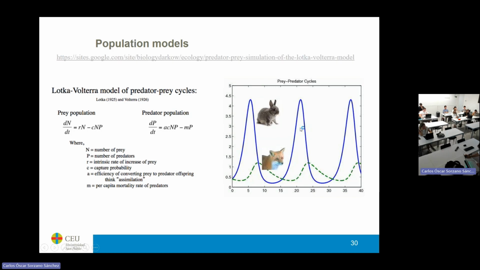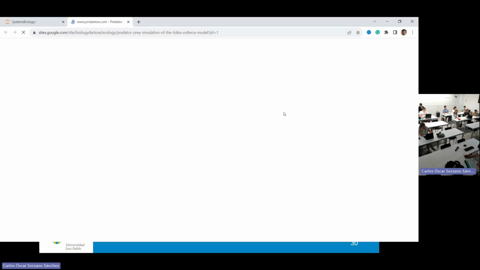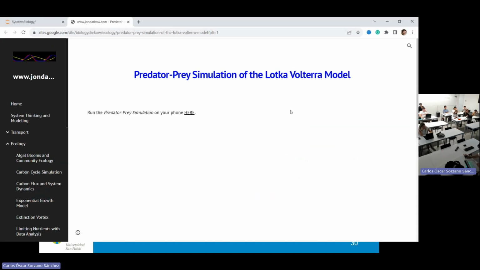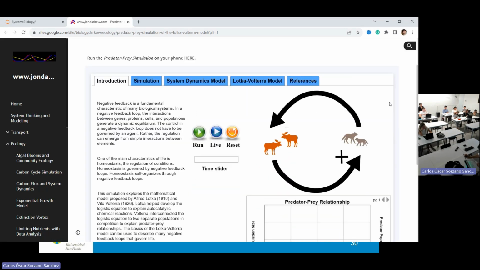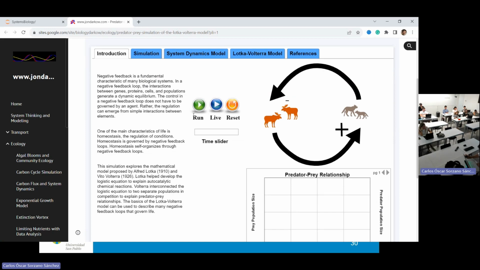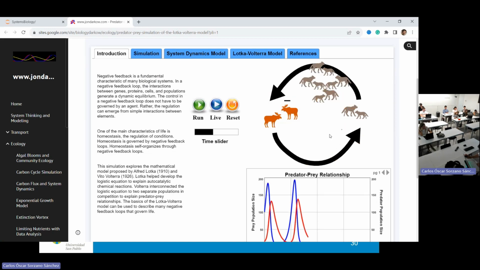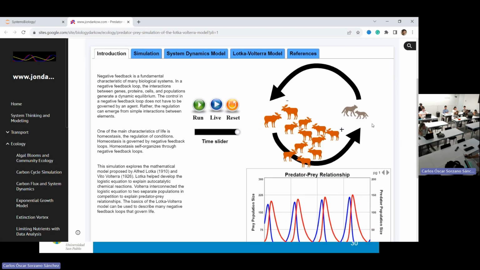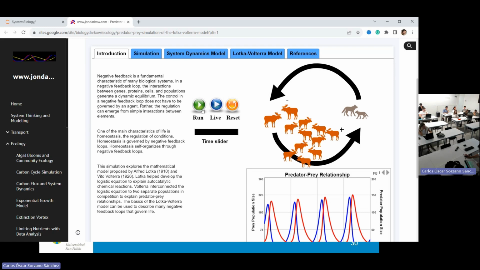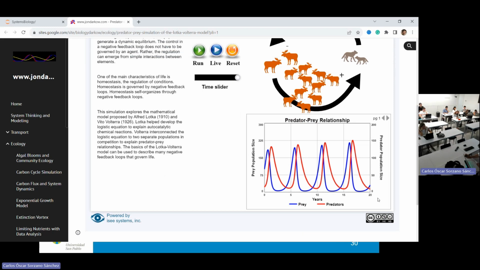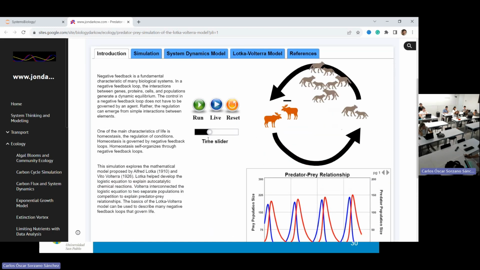Here we have a better explanation of it. If you are interested in this kind of models and where they appear, it is very well explained here. You can run it here and see how the number of predators changes.